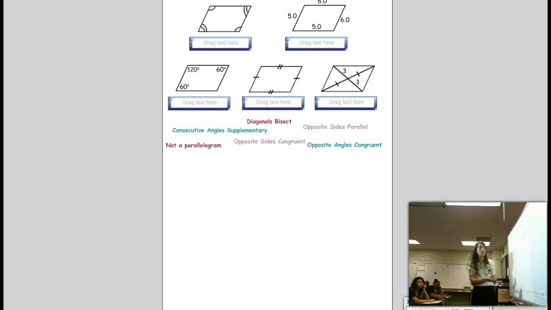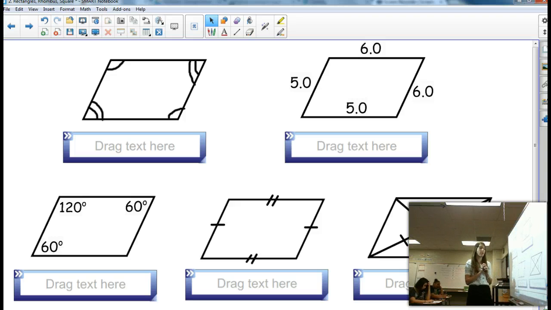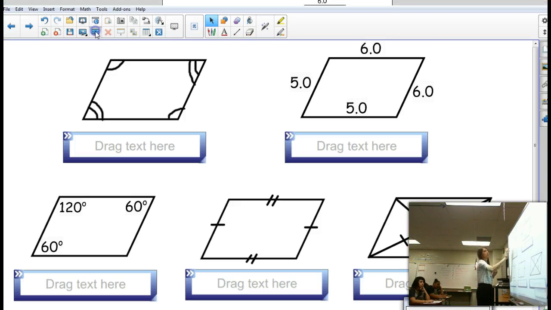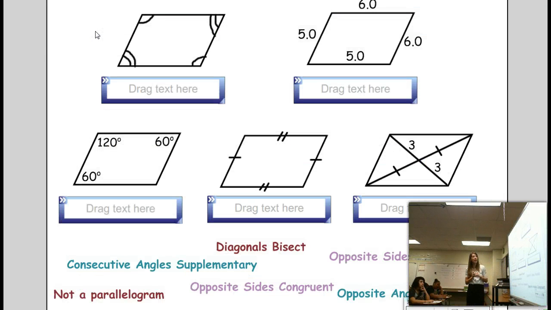Okay, so here are some of the properties that we learned on Friday. I need you to drag the word that describes the picture to the little box and it'll tell you if you're right or wrong. So Omar, go drag one. Austin, you're after Omar. John, you're next.